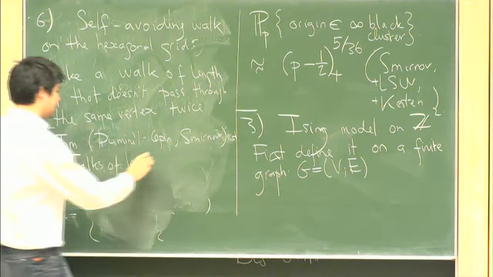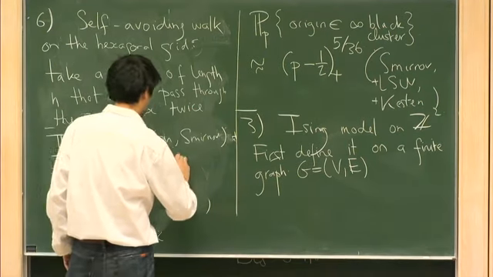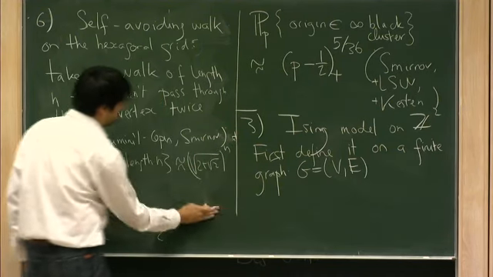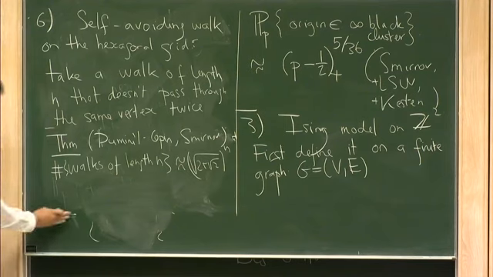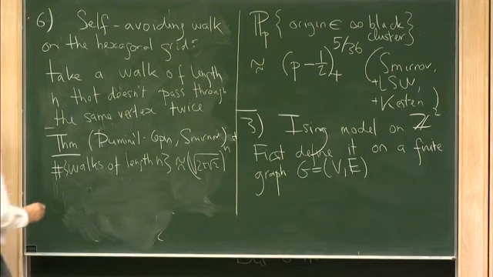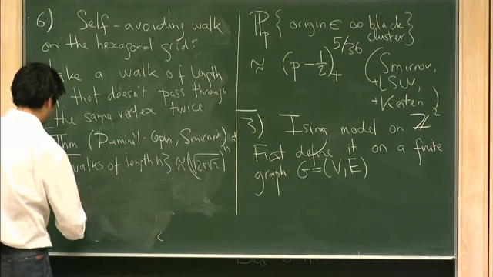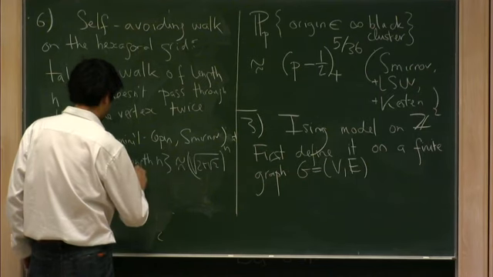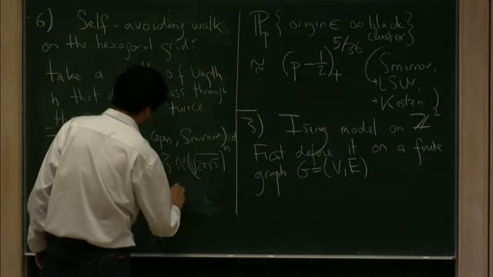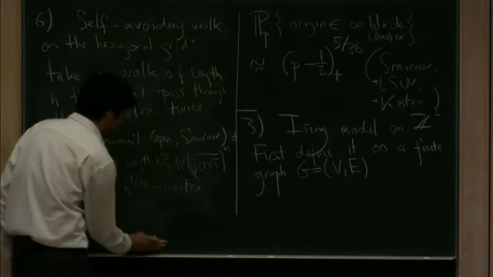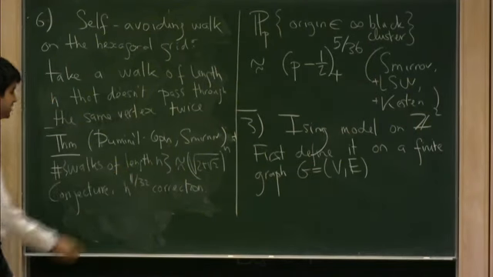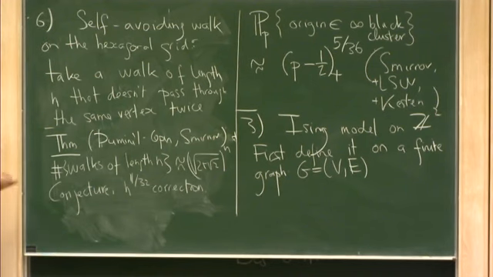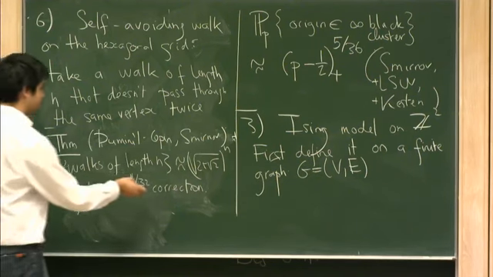The number of walks of length n behaves like (square root of 2 plus root 2) to the power n. And there's a conjecture that there is an n to the power 11 over 32 correction. And mostly it is this exponent that got people interested in that model. It's still a conjecture, but it's already very interesting.